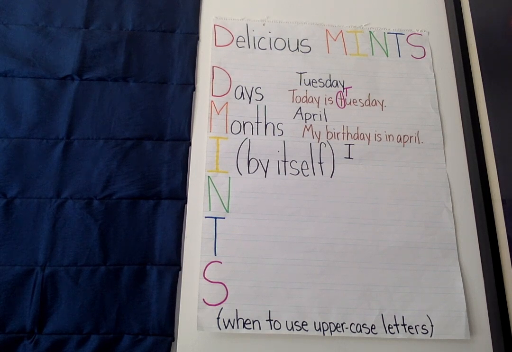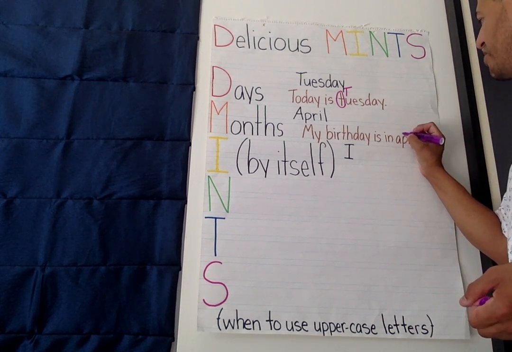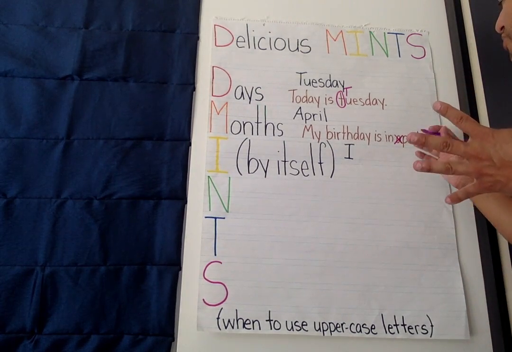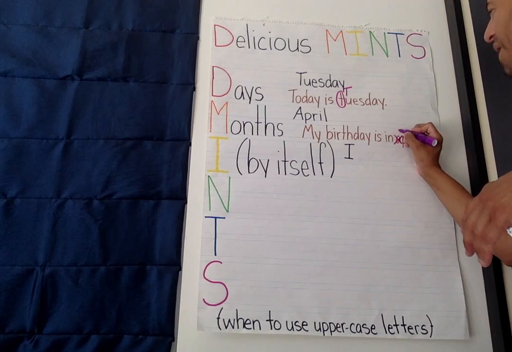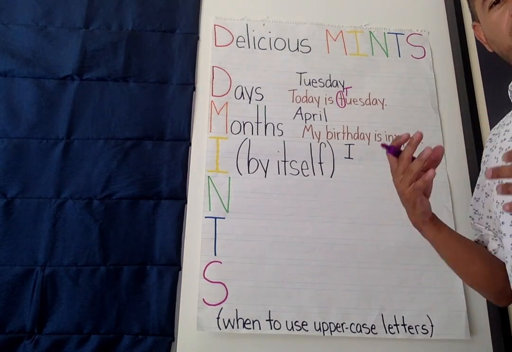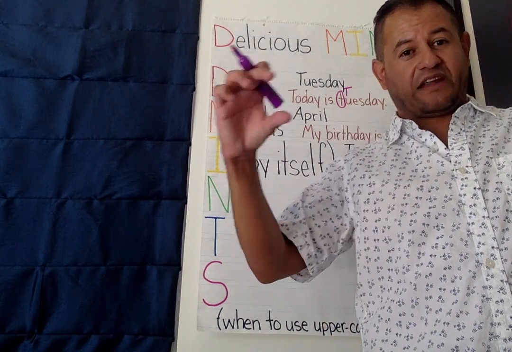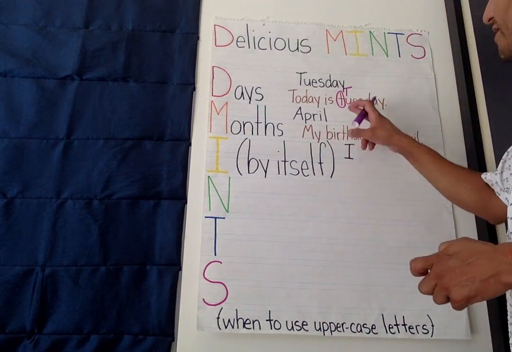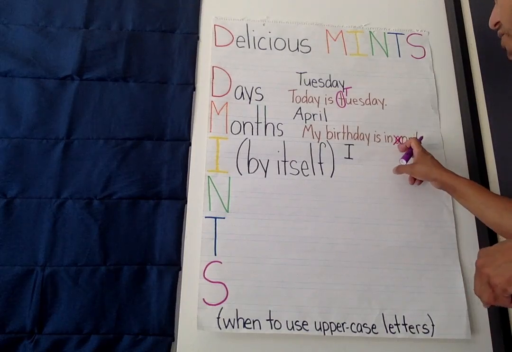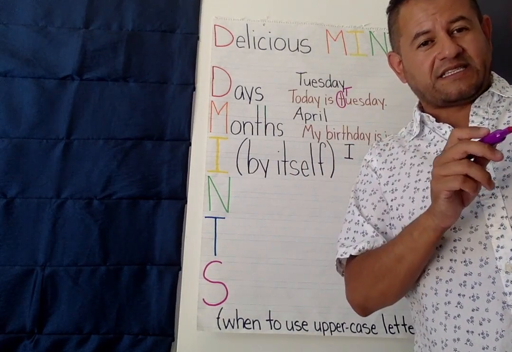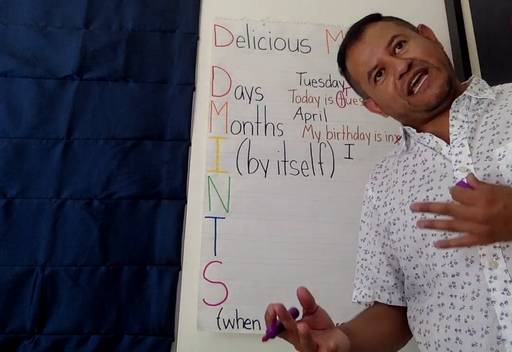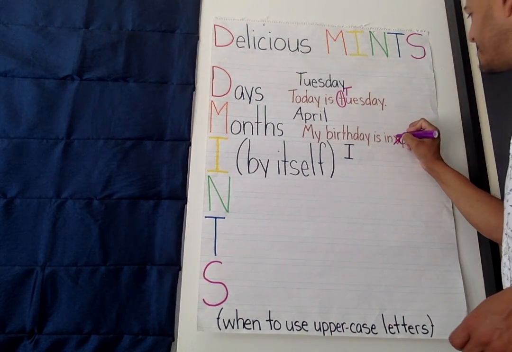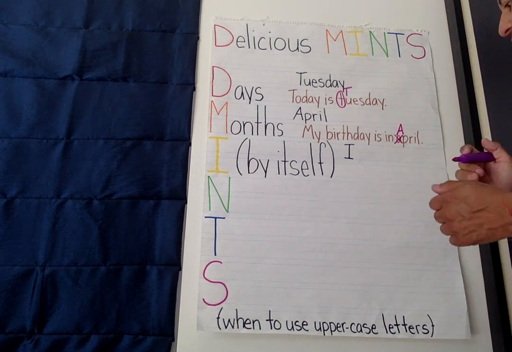What I can do is I can actually just kind of cross it out, a simple X, and maybe I want to put it either above or underneath. On your papers today, you're going to have a line underneath. You can put it there, or you can put it right on the sentence. If you want to circle it, that's one way. Notice I just did a simple line, an X. I didn't scribble. I really kept it simple for myself. I like to put it really close up, and I'm just going to do a capital or uppercase A.